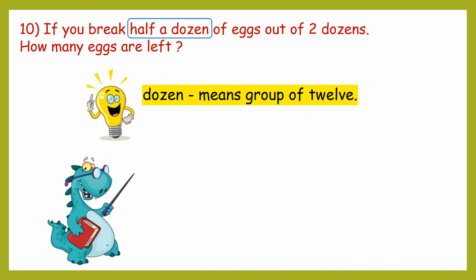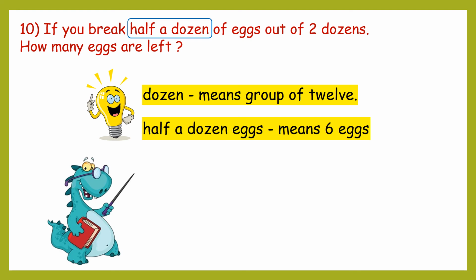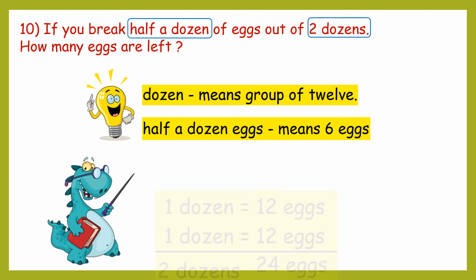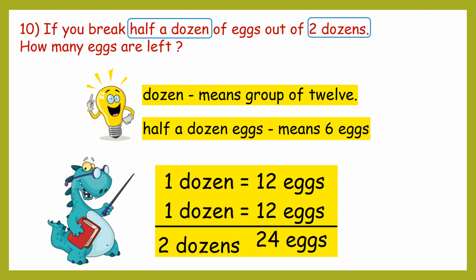Half a dozen of eggs means 6 eggs. Now, if we have 2 dozens, we have 1 dozen, 12 eggs. Another 1 dozen equals 12 eggs. So now we have 2 dozens. It means we have 24 eggs.